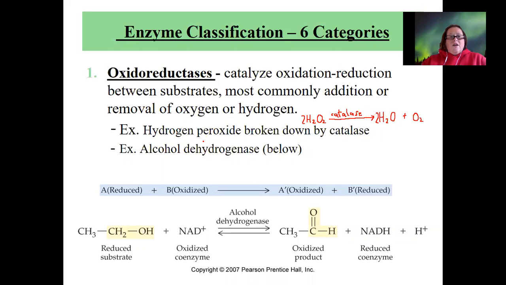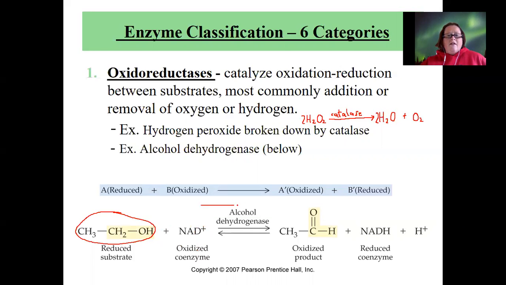So another example is what happens in our bodies when we consume alcohol. So here is some ethyl alcohol down here, and it is a primary alcohol. And there is a substance in the body, the coenzyme NAD+, that plays a role in this, and it oxidizes.